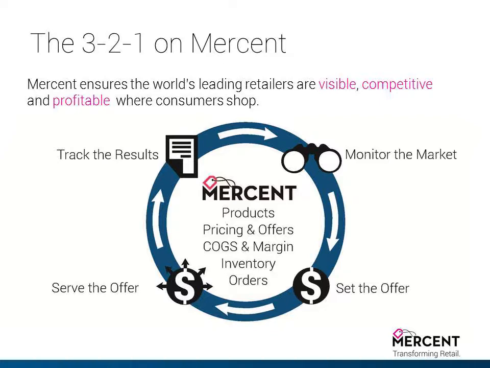And of course, understanding where the utility and performance lies, we provide our analytics platform that helps customers track the results. And at the center of all of this, of course, is the fact that we have your product catalog with real-time pricing and offers, COGS and margin, real-time inventory in one central place, and we're privy to the orders that are flowing through your shopping cart as well as third-party carts, the likes of Amazon and eBay.